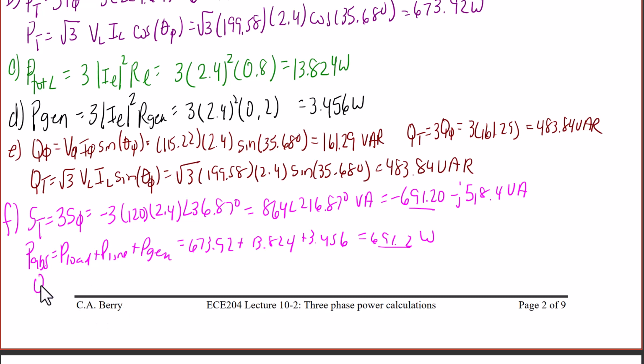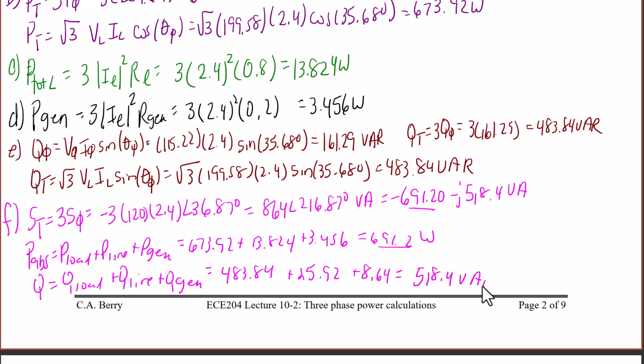And Q would be equal to Q load plus Q line plus Q gen, which is 483.84 plus 25.92 plus 8.64, which equals 518.4 var. And you should see this aligns with here. So this shows that this obeys the law of conservation of energy, where total power delivered equals total power absorbed.